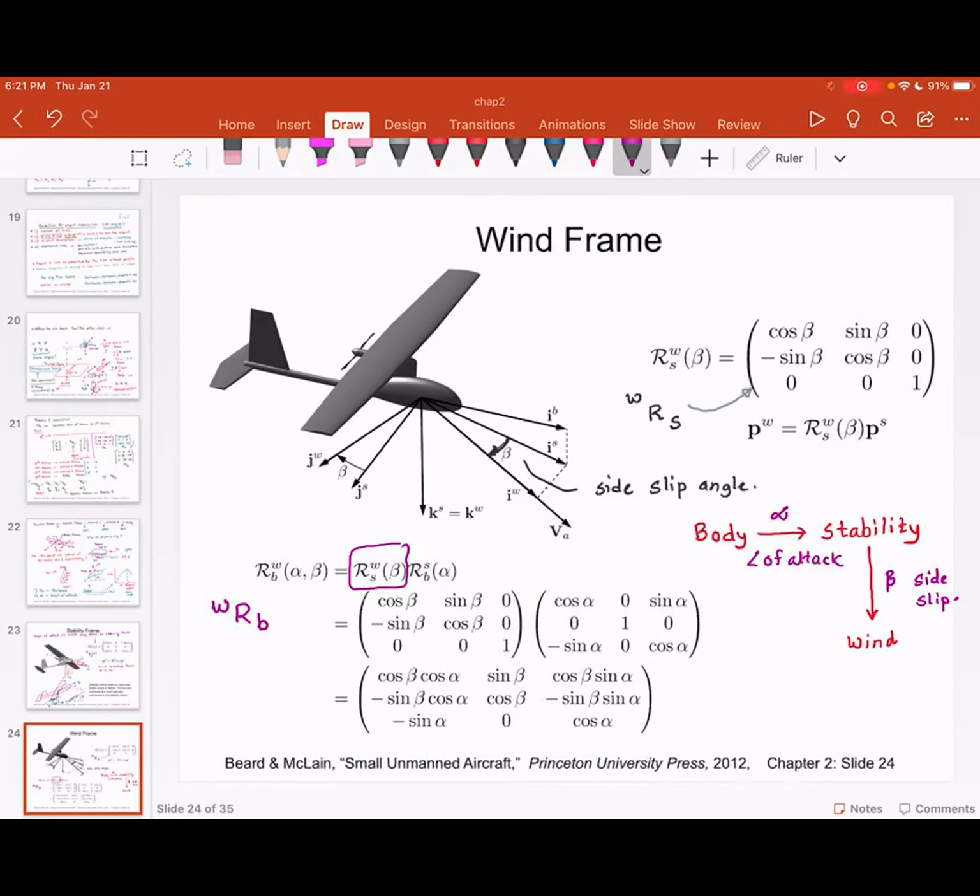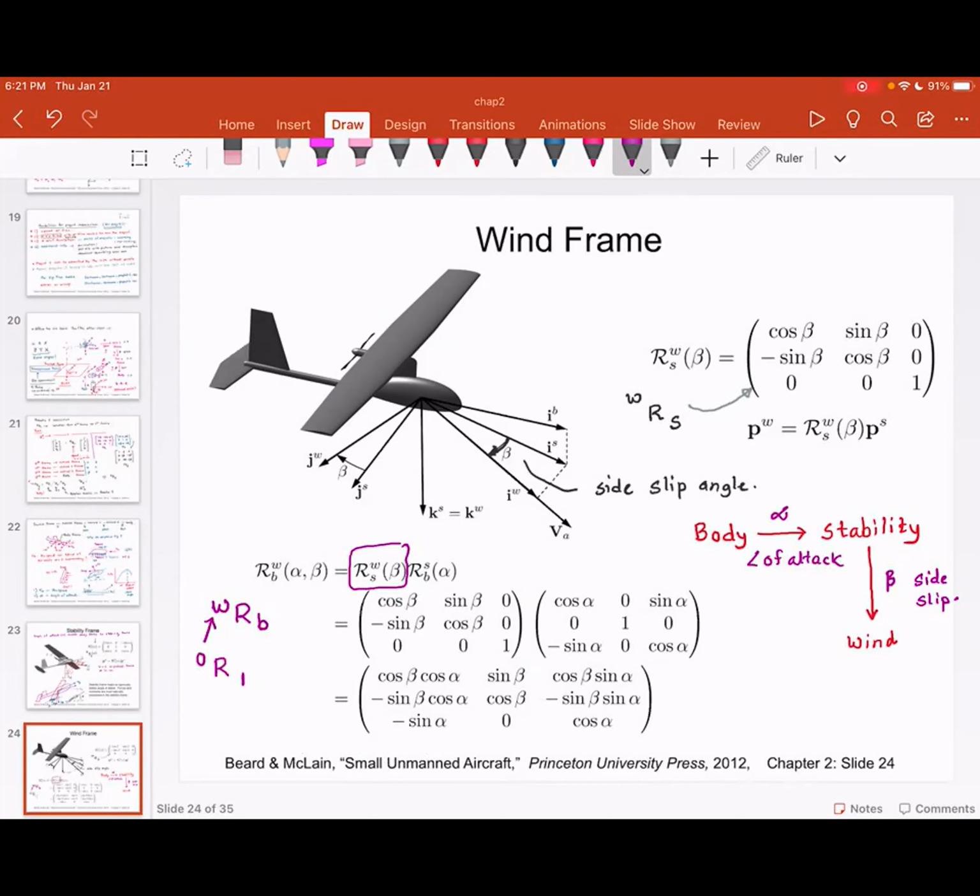Once again, just for clarification, this is the old frame, this is the new frame. So right now, this expression is the body frame vector with respect to the wind frame.